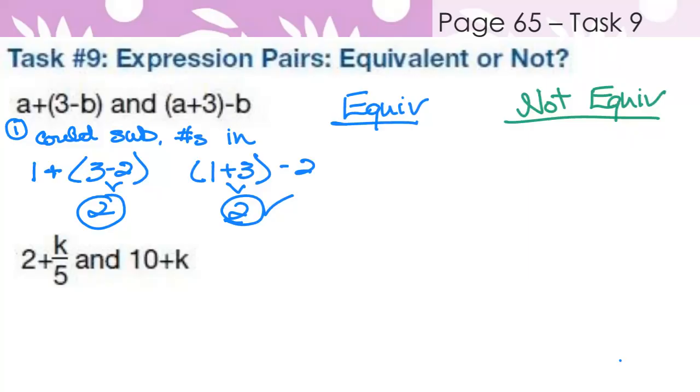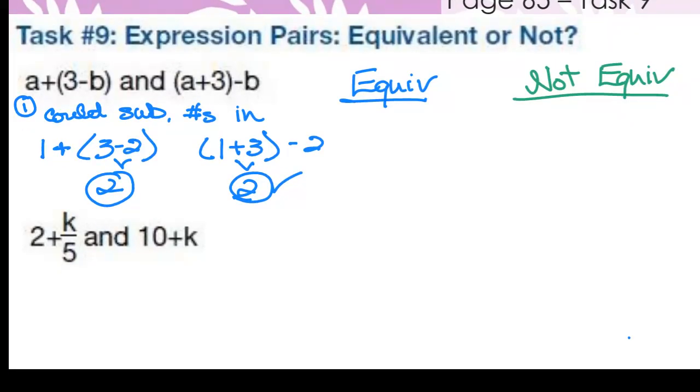But let me ask you this. According to order of operations, you're supposed to do what's in parentheses first, correct? So when you do 3 minus B, can you actually simplify that? No, you can't. So essentially, the parentheses kind of go away. And what about for A plus 3?